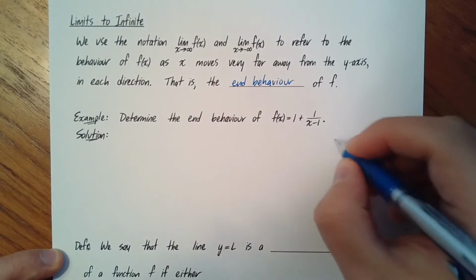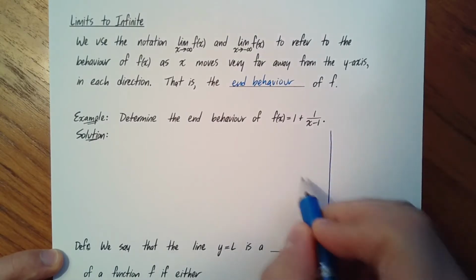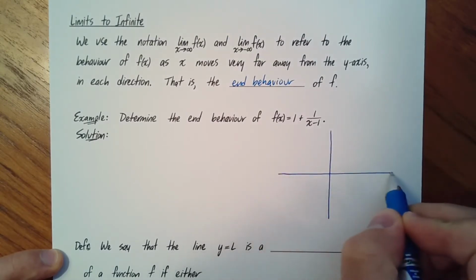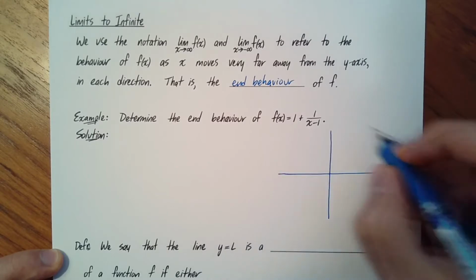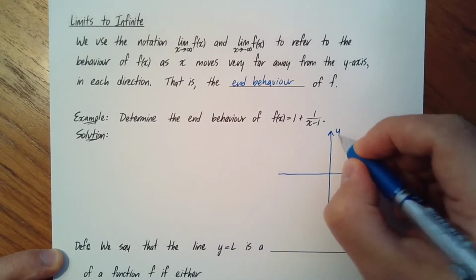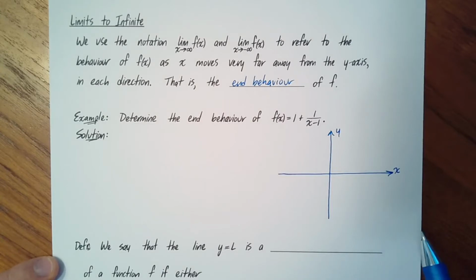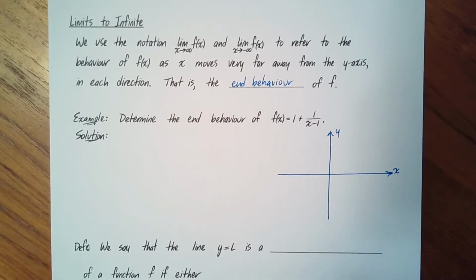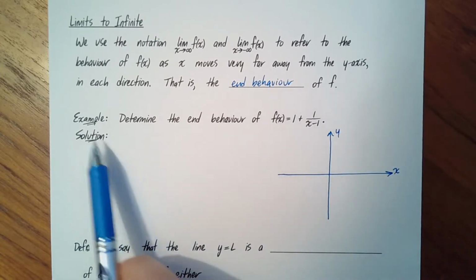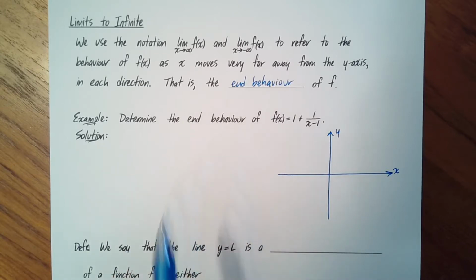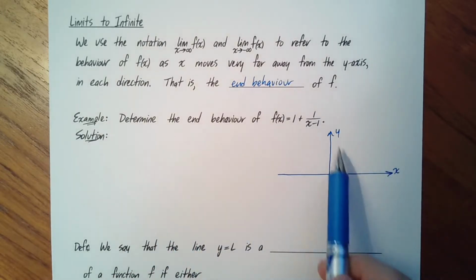So let's just draw a quick sketch. It's helpful to know in advance what you can expect to get for your end behavior, but also once we get the end behavior, it'll help us interpret the relevance of what we're actually finding when we determine the end behavior.